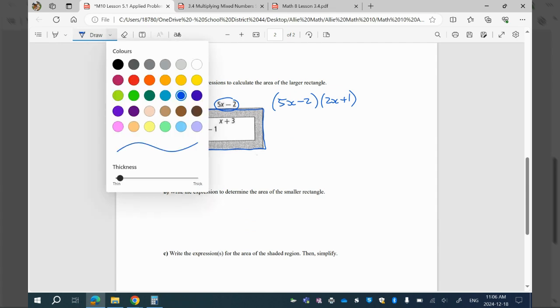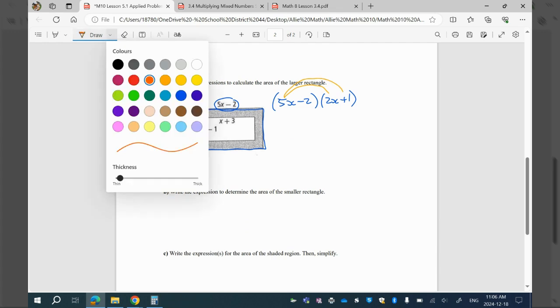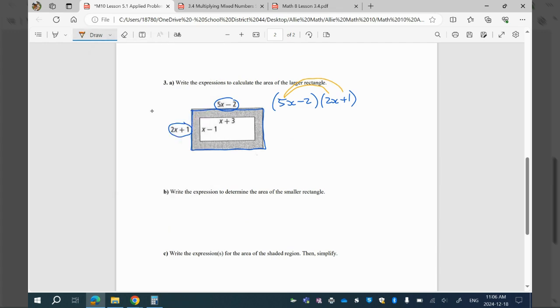And I think we should take this step to FOIL it. Let's do our first ones and our outside ones, and let's do our inside and our last. So we have 5x times 2x. 5 times 2 is 10. X times x is x squared. 5x times 1 is positive 5x.